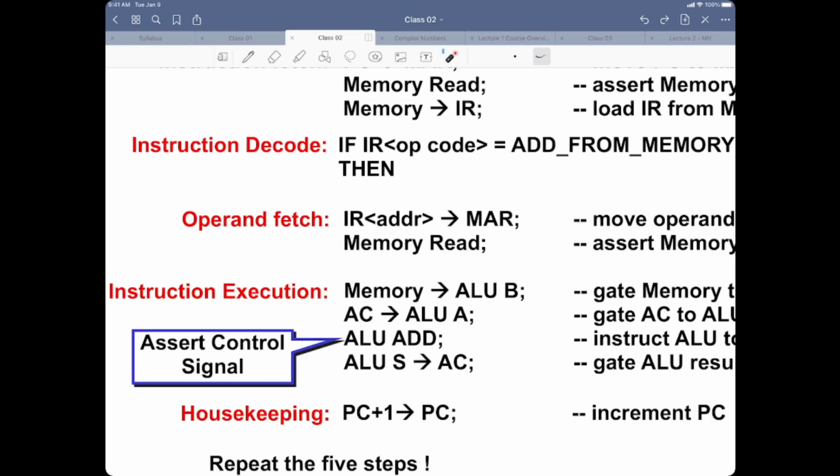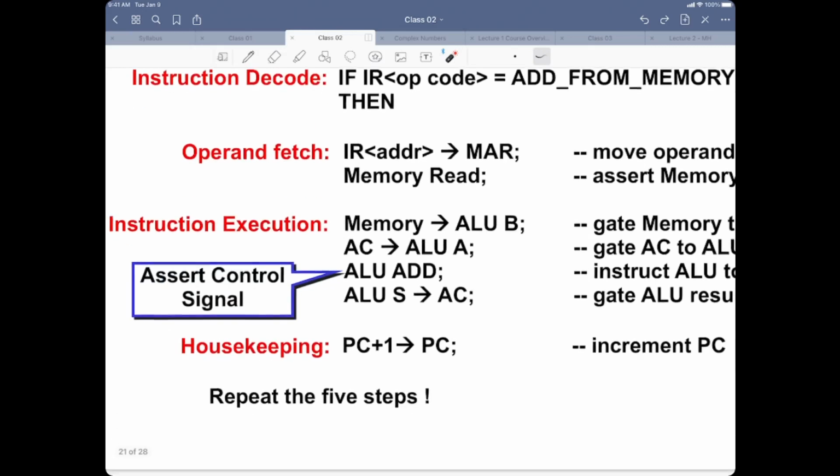How is that going to change when you write your solutions to activity 2? Instead of comparing this with add from memory, you'll be comparing it with the code for store. So you will be changing that to store accumulator or whatever that instruction is in your activity.